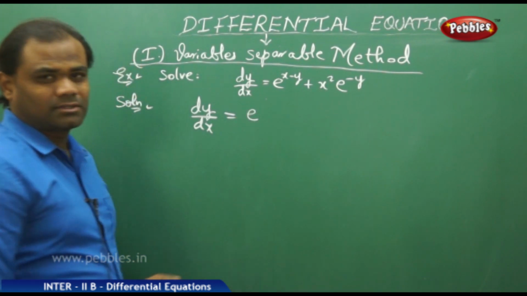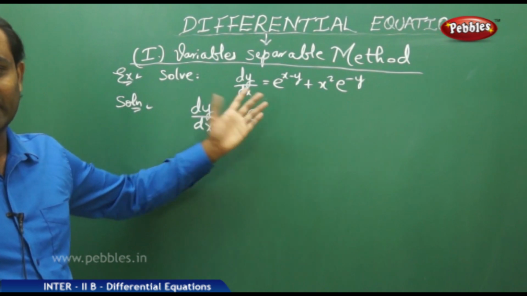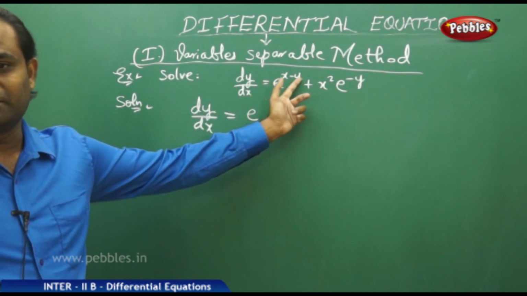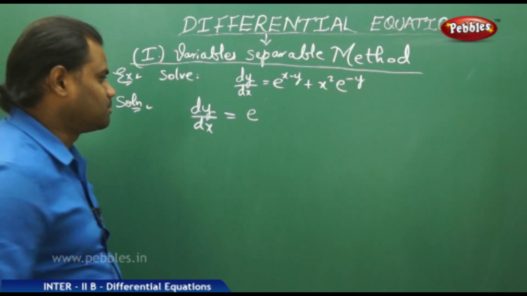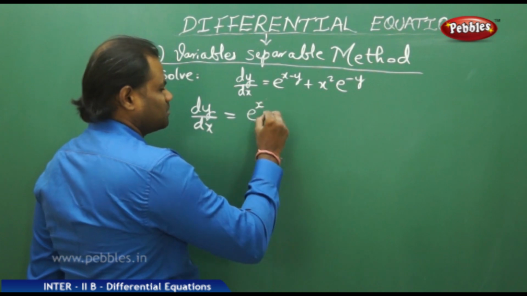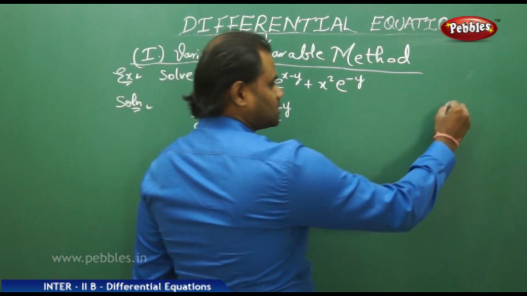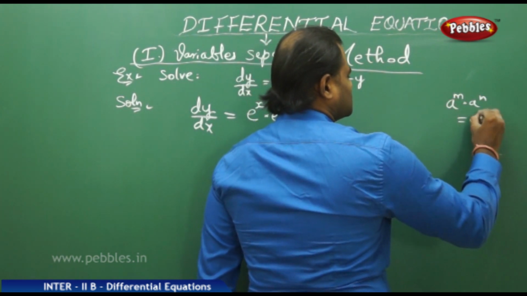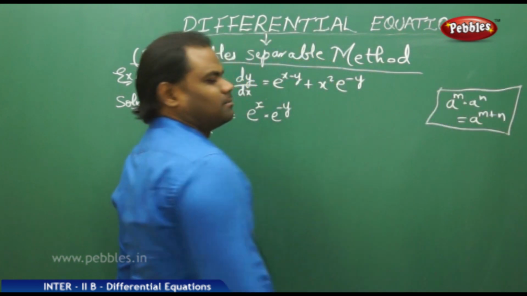Now my task out here is to take all y variables to one side and x variables to the other side. Therefore, I split all x and y variables because the method is variables separable method. I split all the variables which can be split as this using the law of index. A power m times a power n is a power m plus n.